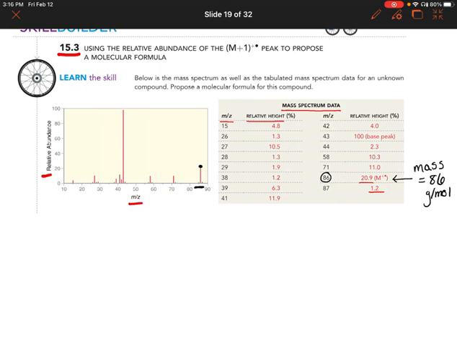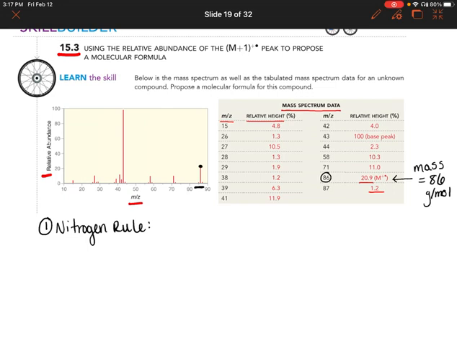Remember, last time we talked about the nitrogen rule. So first, I'm just going to use the nitrogen rule. This rule said that if you have an even mass, then you either have just carbons and hydrogens, so a hydrocarbon, or you have an even number of nitrogens present.